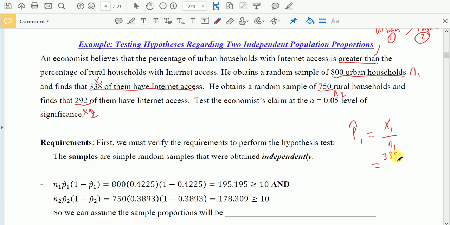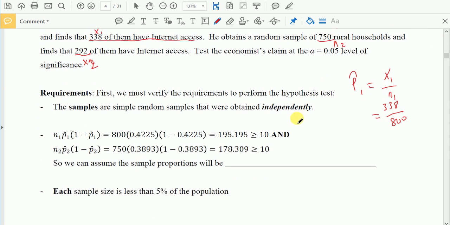This is just a proportion, and n1 is 800 right here. So we got that here, and n1 times p hat 1 and n1 times 1 minus p hat 1 are bigger than 10. I do the same testing for the second sample, and it is also bigger than 10, so we are good. So we can assume that they are normally distributed.